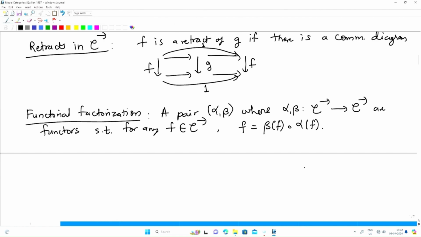These are still simple enough properties, and finally we need to talk about lifting properties.